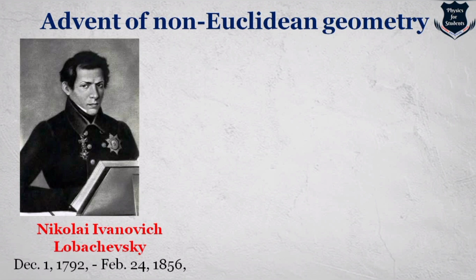Being a Russian mathematician, born 1792 and died 1856, he is rightly considered by Kingston Clifford, the founder of Clifford algebra, as the Copernicus of geometry. When we think of Copernicus, his foundations and discoveries revolutionized astrophysics and astronomy. So Lobachevsky's contribution to geometry earned him the title the Copernicus of geometry.